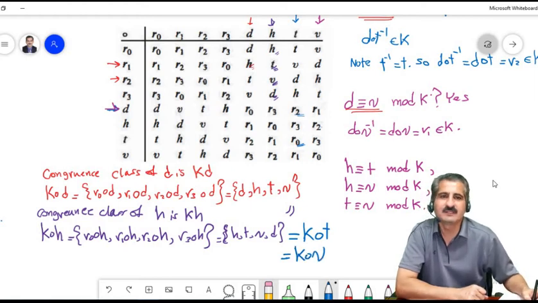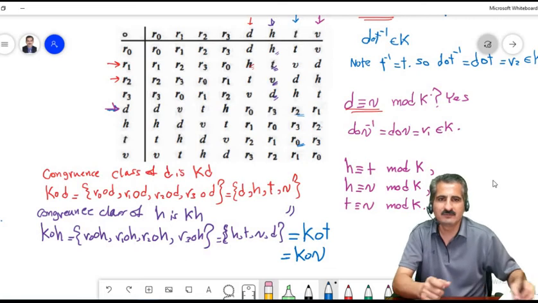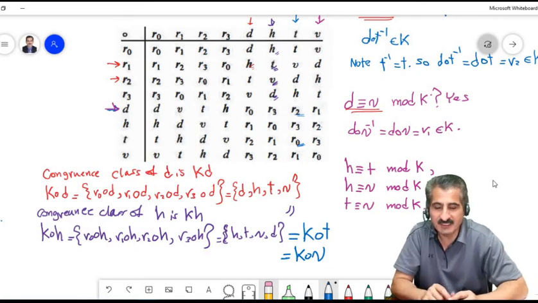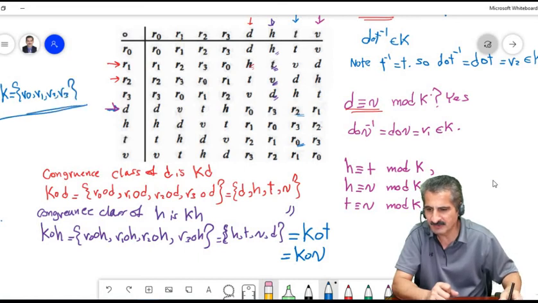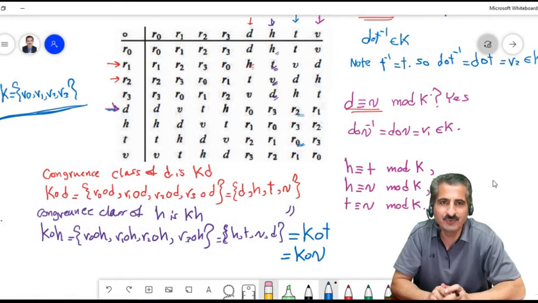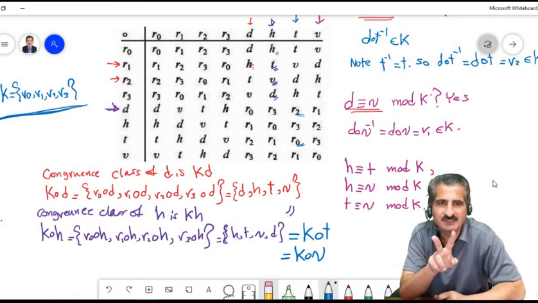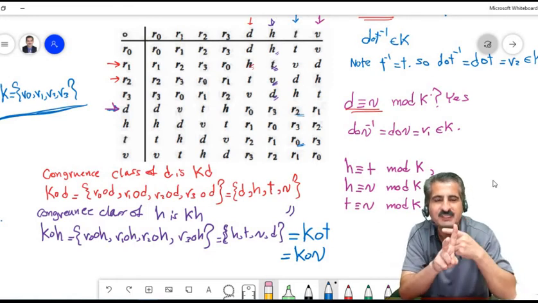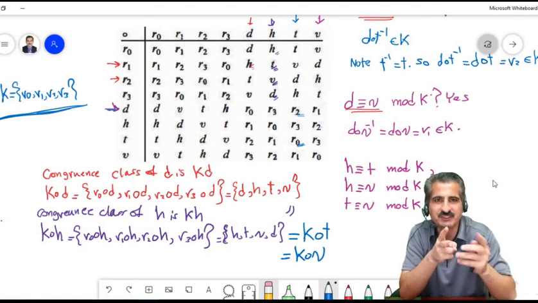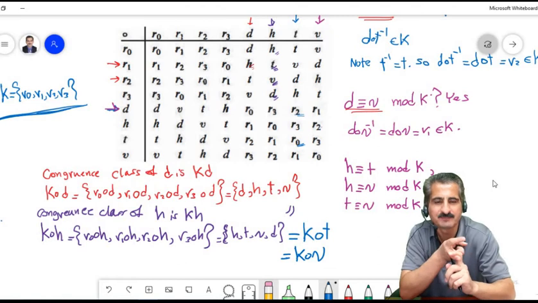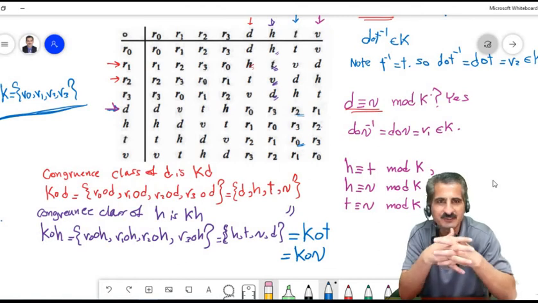So modulo the subgroup K, which consists of R0, R1, R2, R3, D4 has two congruence classes: K itself and this one here, which is KH or KT or KD or KV. So we have two congruence classes.